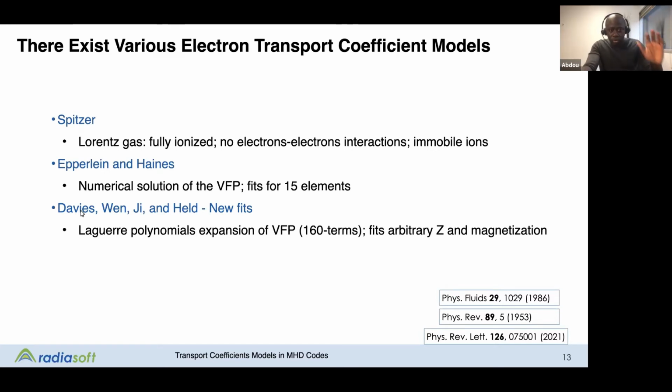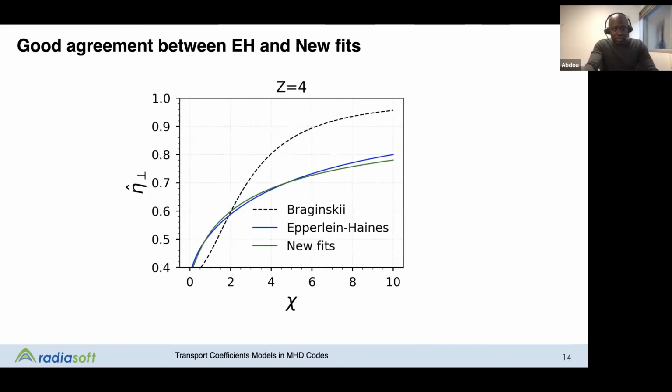All right, so let me show you very quickly some tests between the different models before we put them into our hydrocode. This is the perpendicular component of the resistivity as a function of chi. Chi is just the magnetization of the plasma. For some of you who are in the laser-accelerator community, you are in this regime.